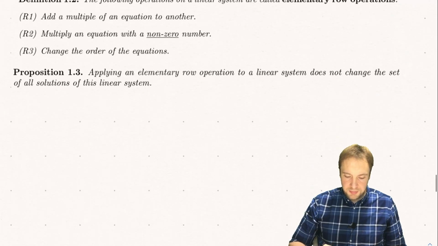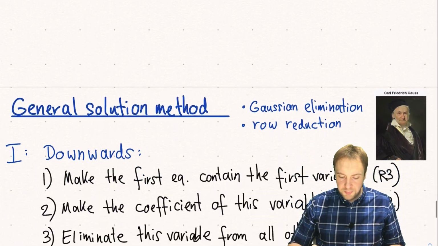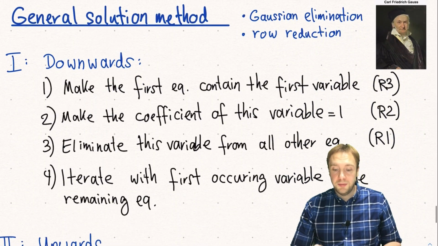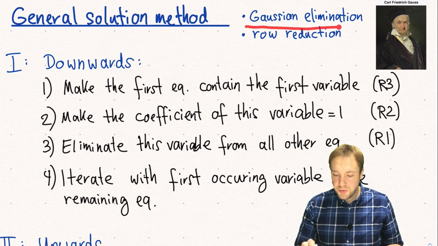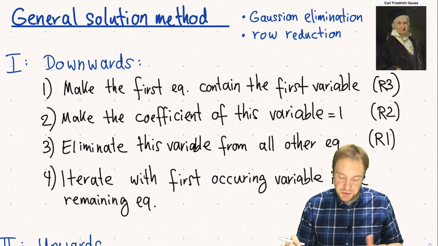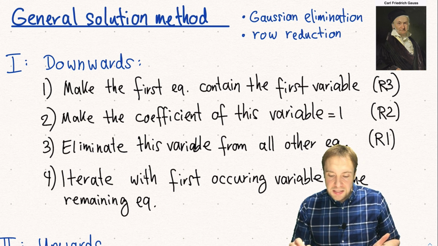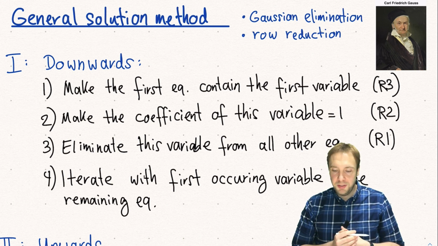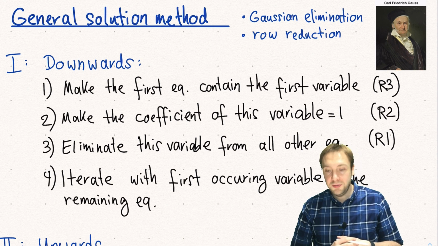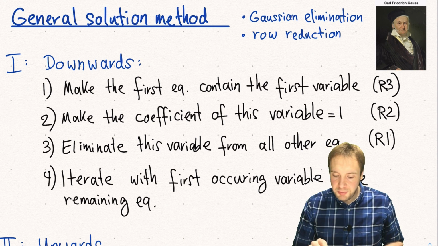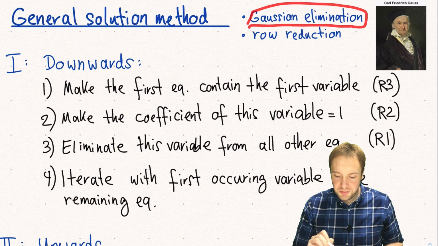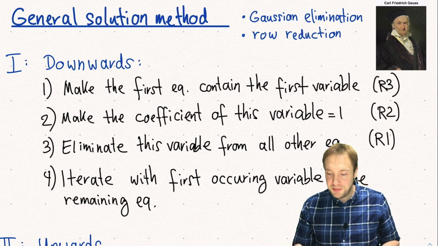So there's a name for this. The general solution method for a linear system is called Gaussian elimination, which is named after Carl Friedrich Gauss, a German mathematician, even though this method was already used by Chinese 2000 years ago. And if you go to the Wikipedia page of Gaussian elimination, you see also some notes on the history.